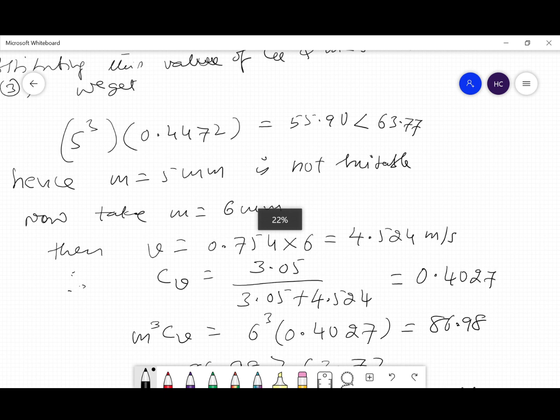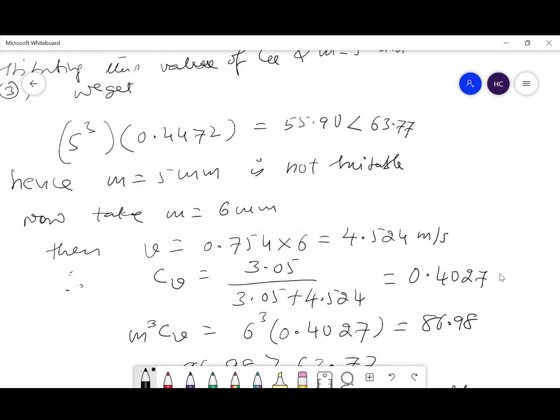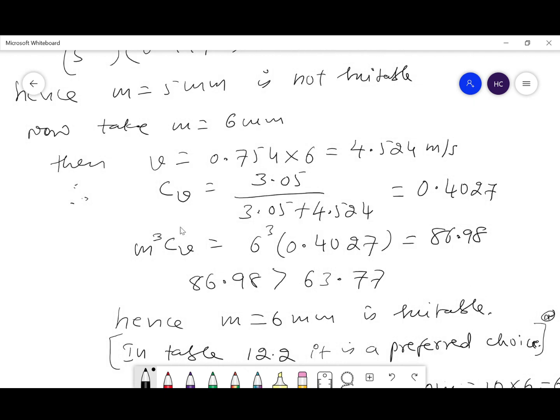Hence for velocity factor Cv, the same expression we used, and we obtain 0.4027. Now substituting this module 6 and velocity factor 0.4027, we get 86.98. That is, m cube Cv is 86.98, which is greater than the required value, that is 63.77. Hence m is equal to 6 mm is suitable.